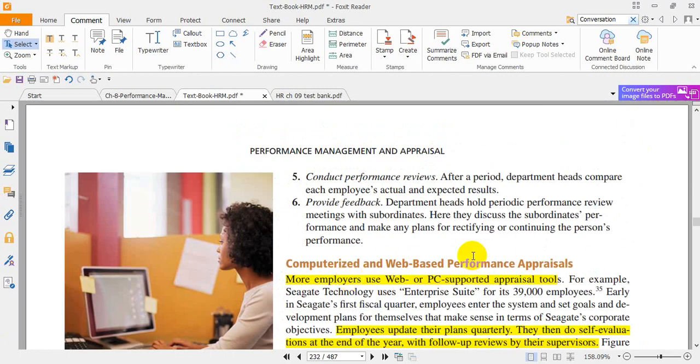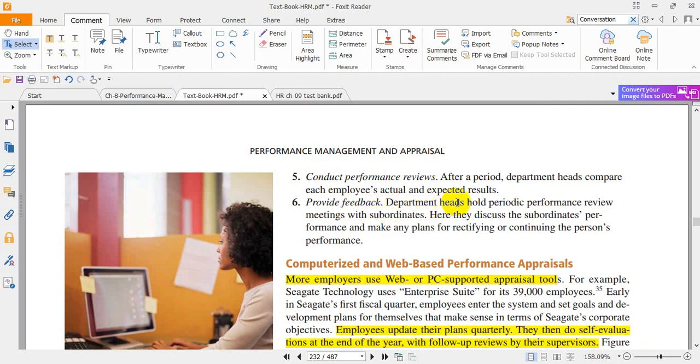The fifth step is to conduct performance reviews. After a period, department heads compare each employee's actual and expected results and provide feedback.